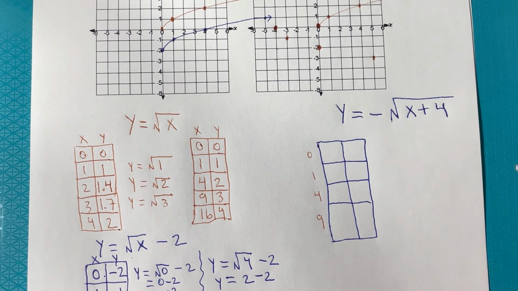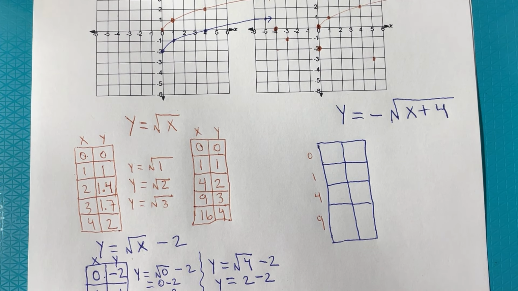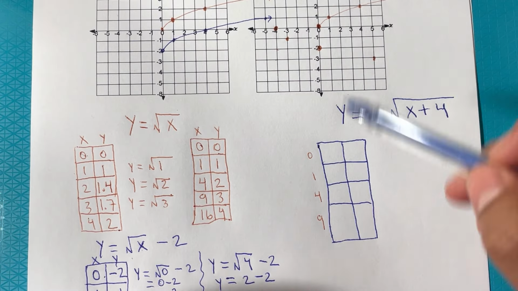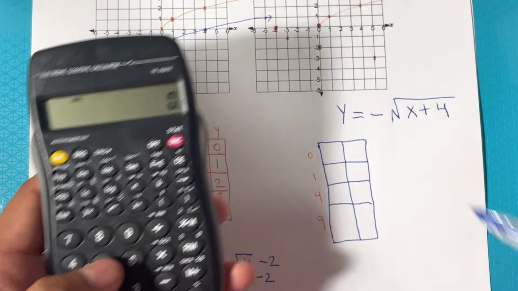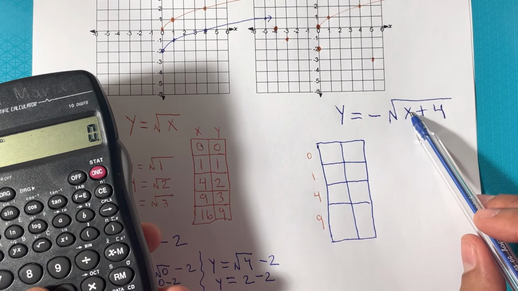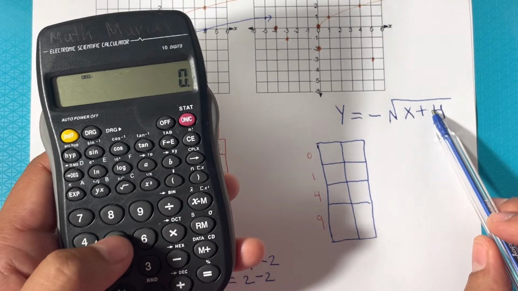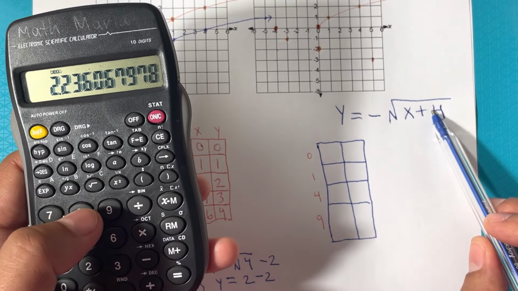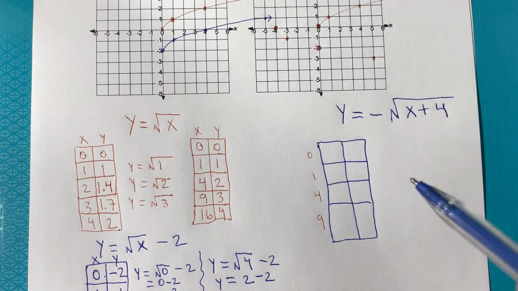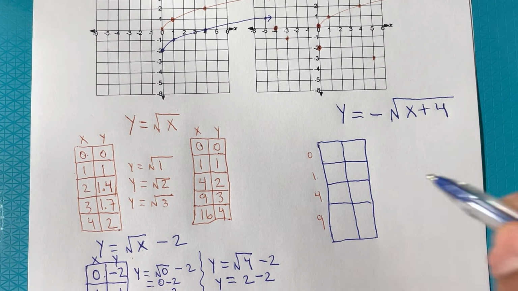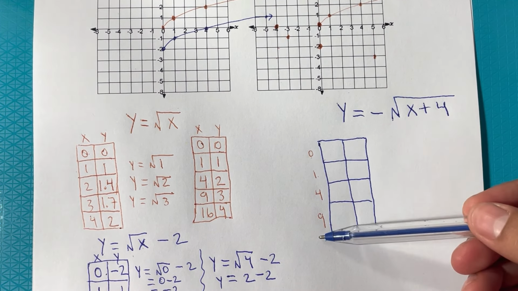It's not easy to get the square root of 5, or you will be getting a decimal, and we want those points that are exactly on intersections, right? Because if you replace the 1 in here, 1 plus 4 is 5, and the square root of 5 is 2.2 and more decimals. So what we need is perfect squares.